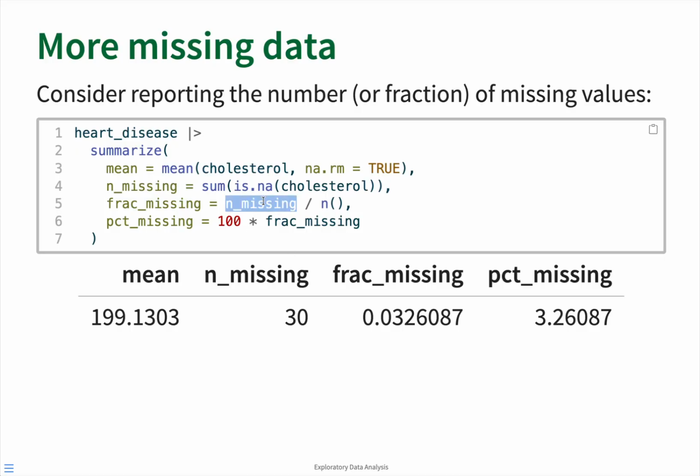So we're using the previous summary statistic to calculate this frac missing summary statistic. And then we're doing a similar thing here to convert the fraction of missing values into a percentage. So all we're doing is multiplying frac missing by 100 to get the result that there are 3.2% of values that are missing in this cholesterol column.